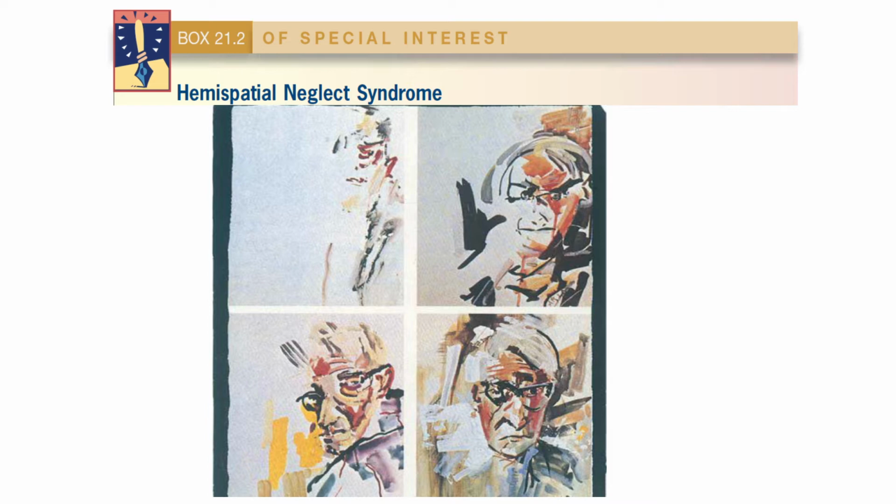In this case, the patient was an artist, and he was able to draw his own portrait, but after an accident he wasn't able to complete half of it. He couldn't pay attention to that part because he had damage in the right parietal lobe. And you can see here that after he recovered, little by little, he was ultimately able to draw his self-portrait again. This means that the parietal lobe is also very, very important for paying attention.